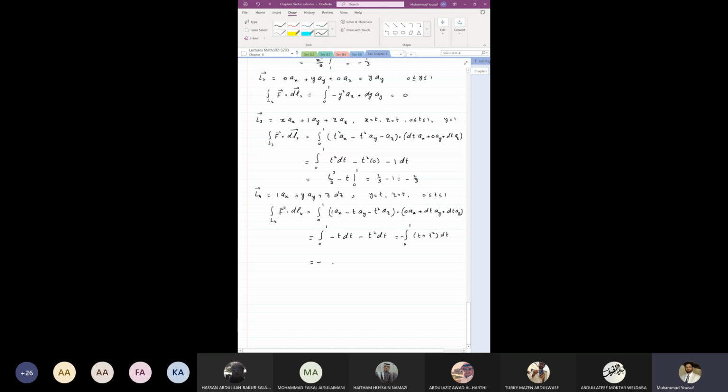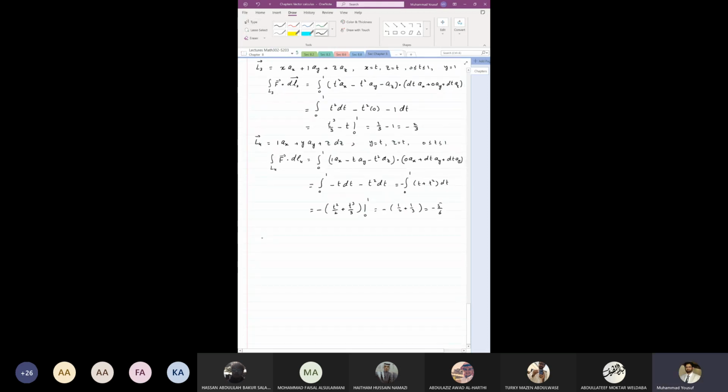So minus bracket t power 2 over 2 plus t power 3 over 3 from 0 to 1. So minus, the integral is 1 over 2 plus 1 over 3. So 3 plus 2, 5, 5 over 6, equal to minus 5 over 6.